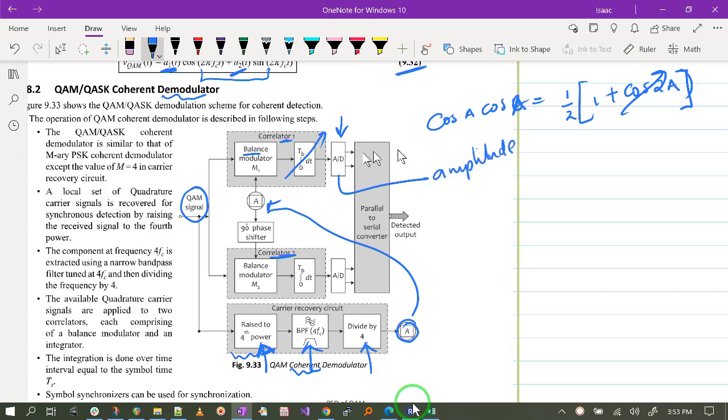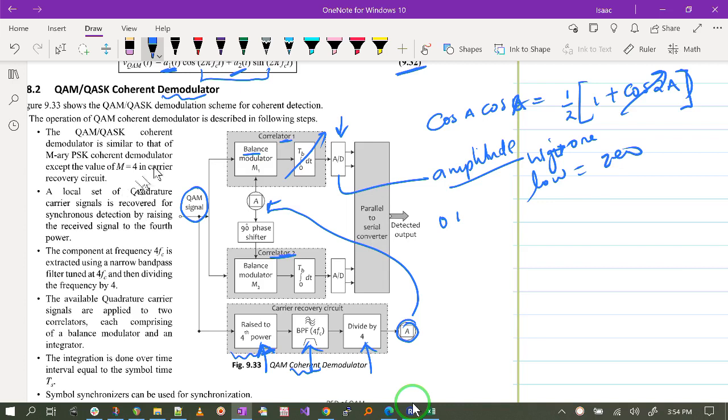So when you use the ADC, we get two possible values, a high or a low, and that is used as the input to our parallel to serial converter, which generates a sequence of zeros and ones. A high is represented by a 1, and a low is represented by a 0. That becomes rather straightforward.